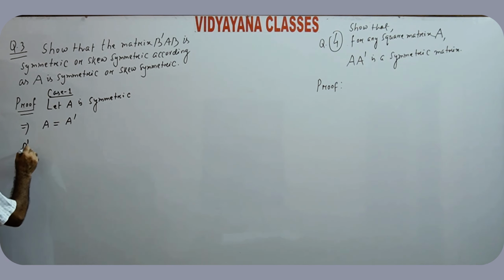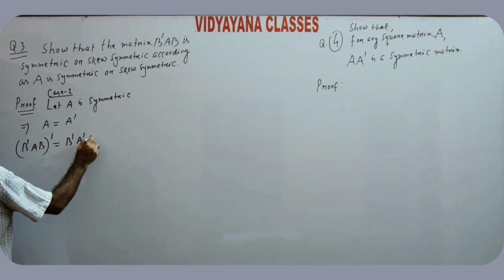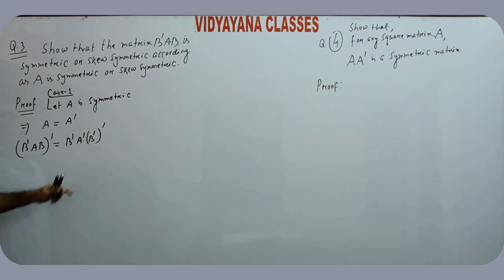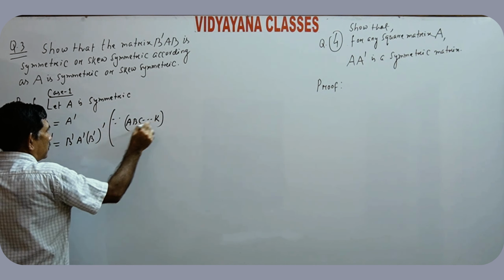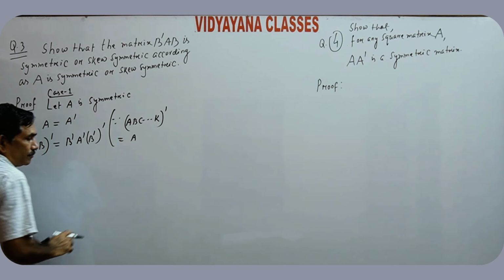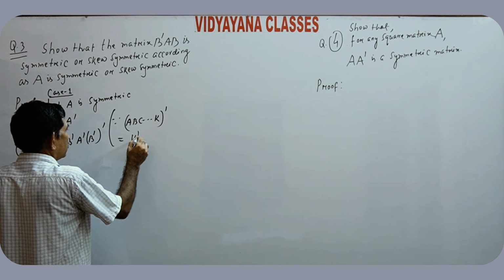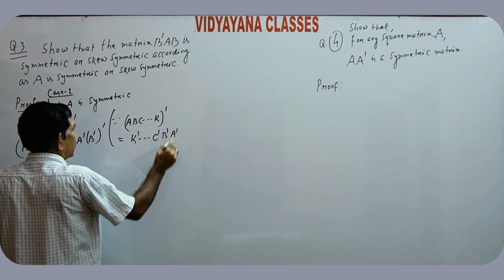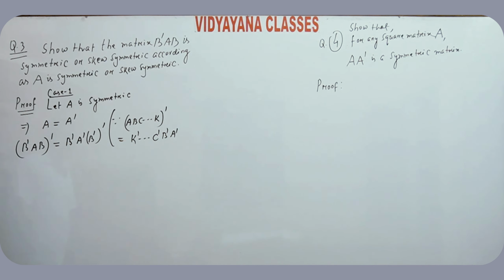B dash A B whole dash is the same as B dash A dash, B transpose A transpose transpose of B transpose, since transpose of product of the matrices is equal to product of the transposes taken in the reverse order.